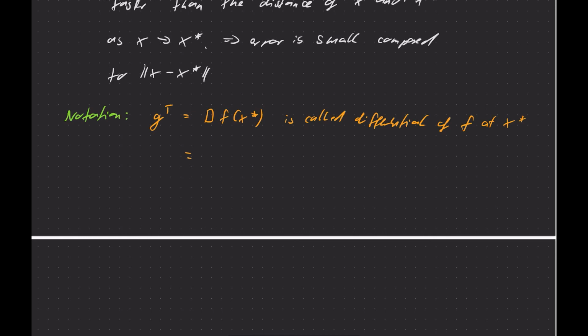It's also sometimes just written as f prime of x at x star. Yeah, so this is called the differential. And this D, by the way, is also referred to as a differential operator.